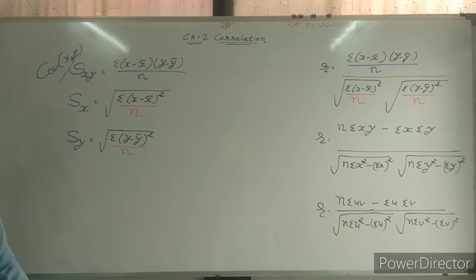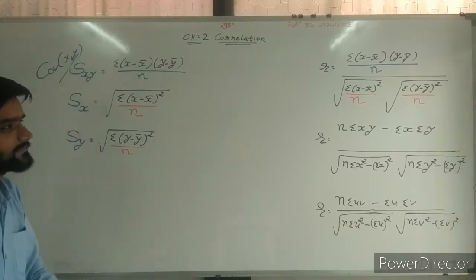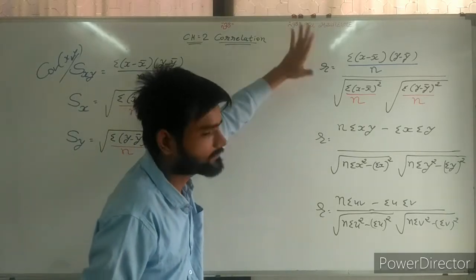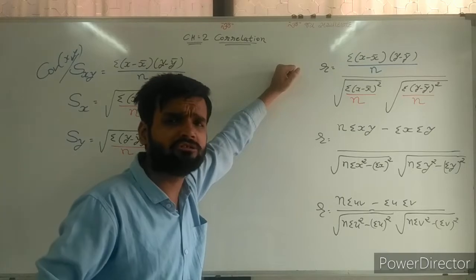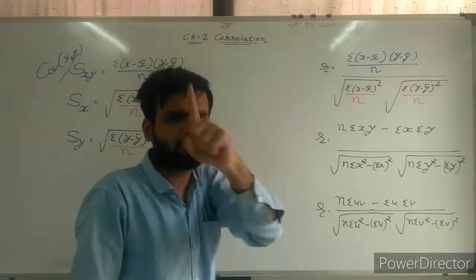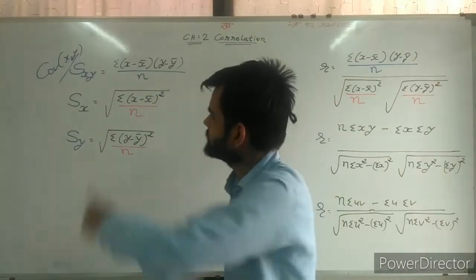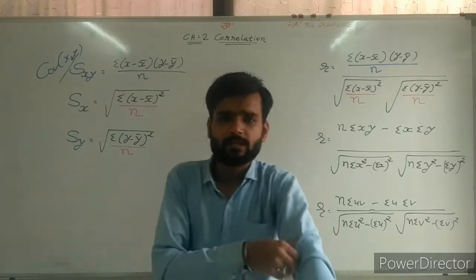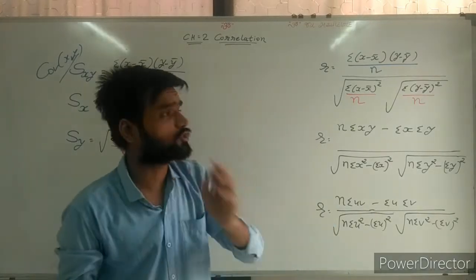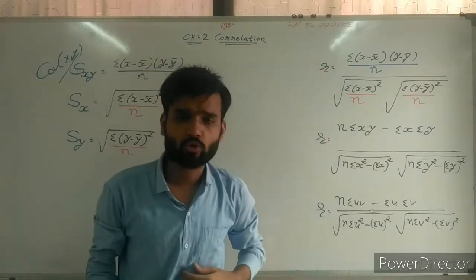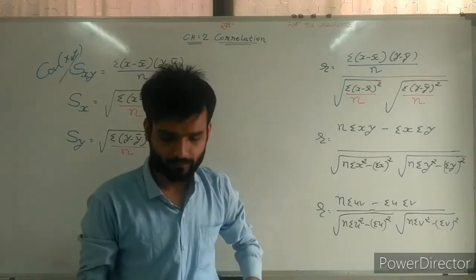So first of all, these three formulas I have made from this first one. Simple and very easy. In this way, you can remember these formulas very easily. Now, in this chapter, actually we need to find only our correlation coefficient.